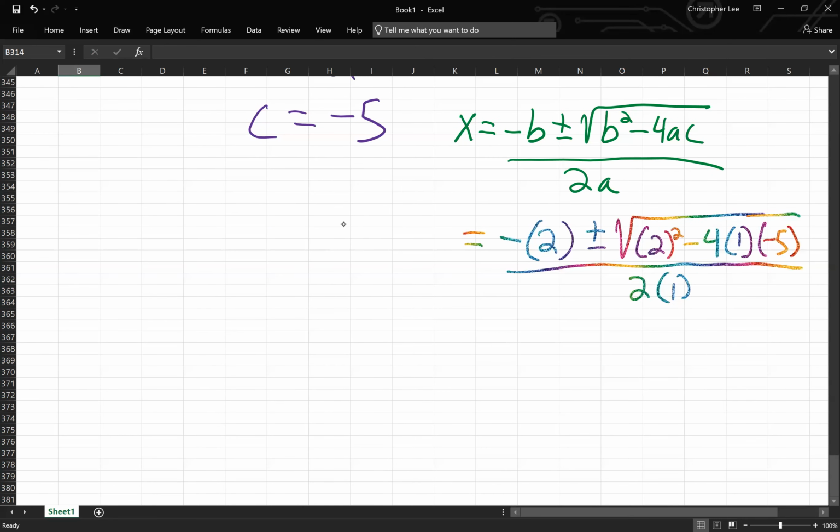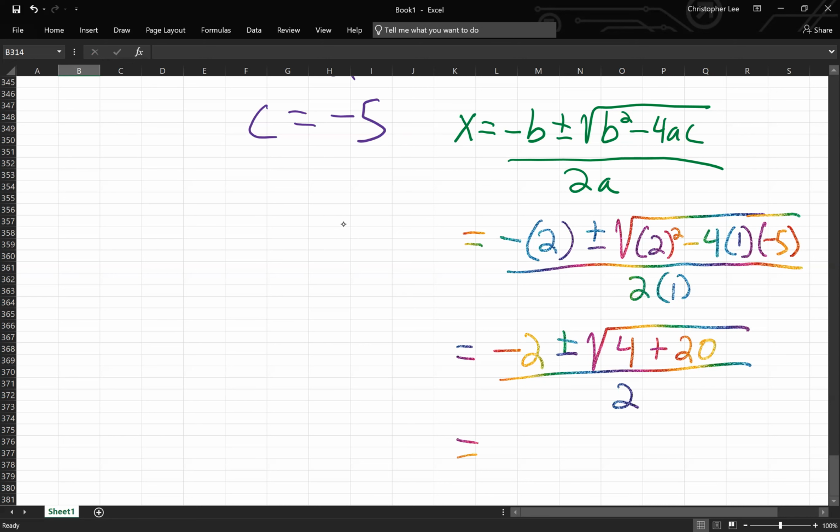And after that, just do the math. Nothing crazy here. This is -2 plus or minus the square root of, I think, 4 plus 20, something like that, divided by 2. Call this -2 plus or minus square root 24, all divided by 2.